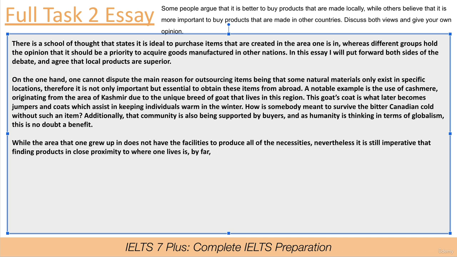We've used essential. Is by far the most beneficial, the most ideal scenario, maybe.